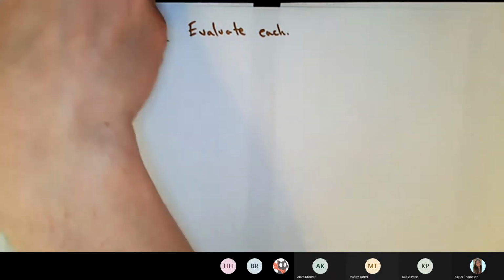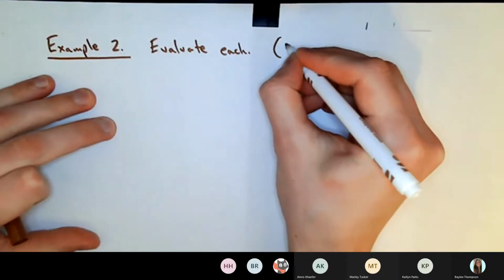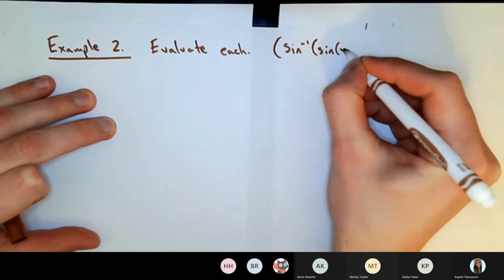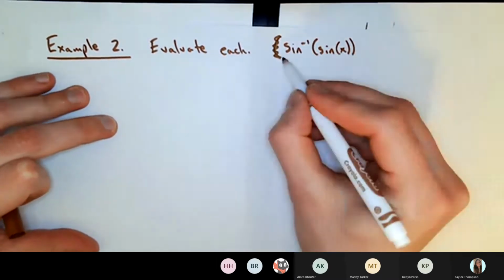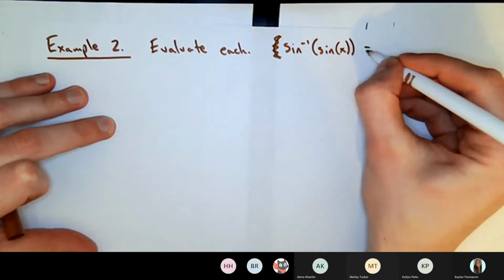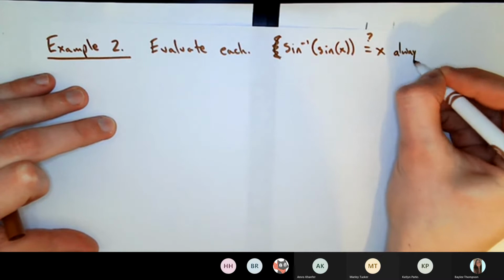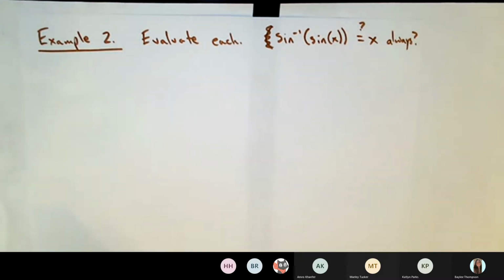Okay. So we're thinking, does this idea hold? Sine inverse of sine of x. Does that equal x always? And similarly for cosine, does it work like that?